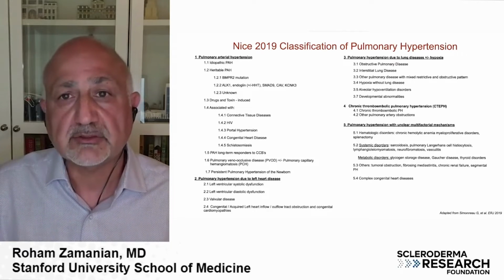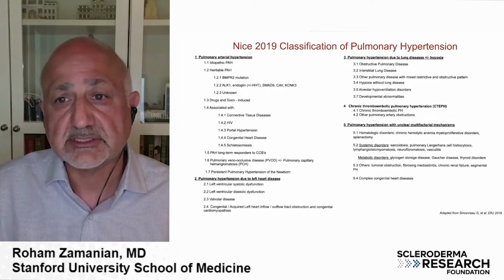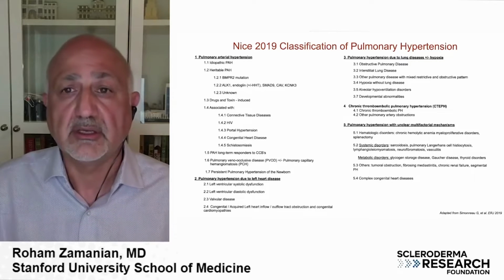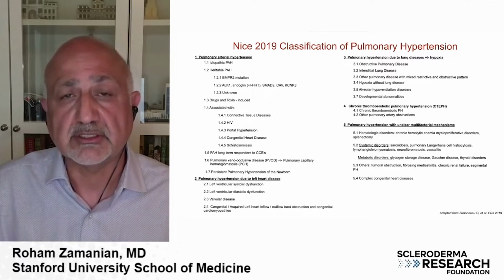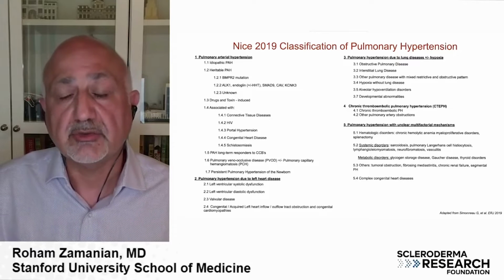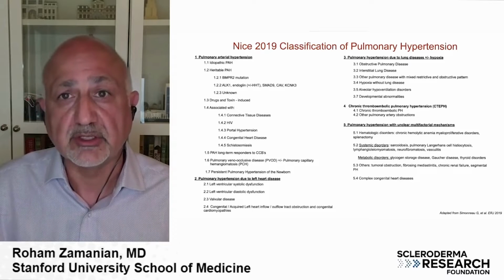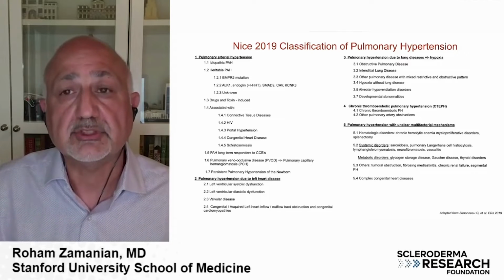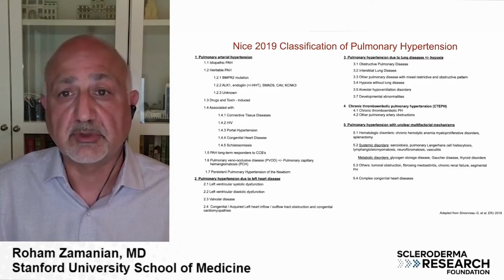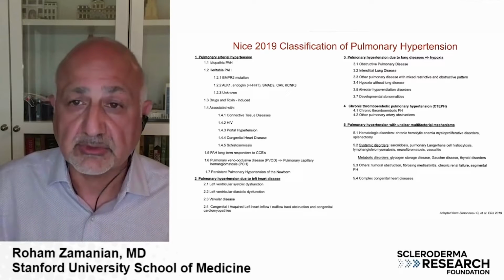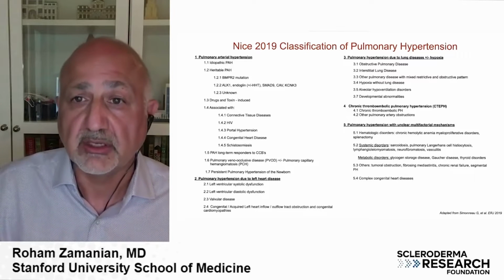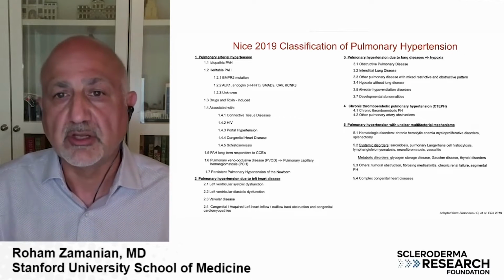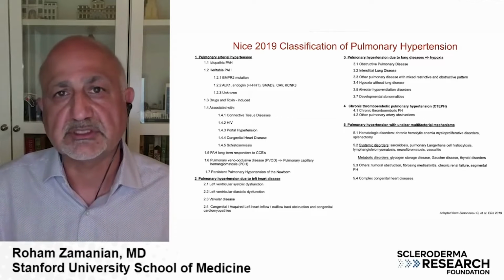But the reality of scleroderma and scleroderma lung disease, as you will hear or have heard already, is that there is overlap with other relevant causes of pulmonary hypertension, including the interstitial lung disease that forms in patients with scleroderma. The fibrosis of the lung is also by itself a potential cause for pulmonary hypertension, and also some cardiac causes. Basically, group 2 and group 3 causes for pulmonary hypertension are relevant to patients with systemic sclerosis.